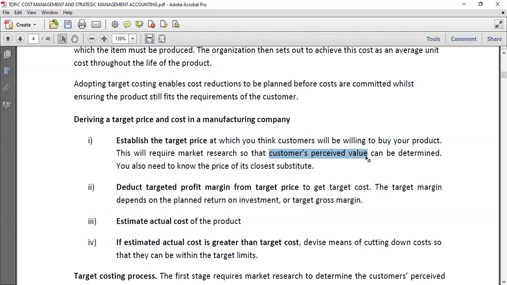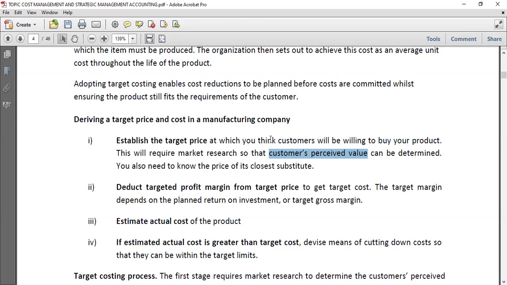It's not only about the competitors' products. If I'm coming up with a new innovation, for example a new smartphone that someone does not have to press with their fingers, but can just speak to and say, call this person, or do this for me, you need to understand what the customer would feel comfortable paying for.